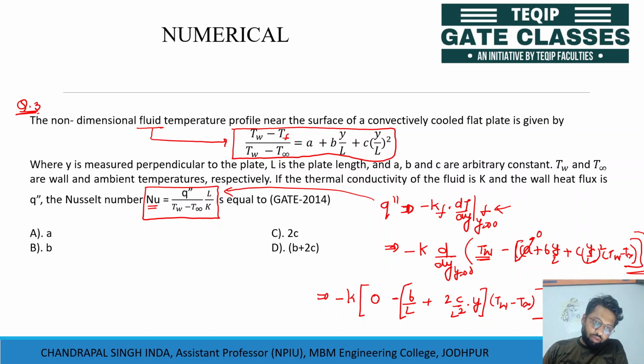So we have to find the value of dT by dy at y equal to 0. In that case, the y term is going to be 0, and we will have minus B by L into (T wall minus T infinity).